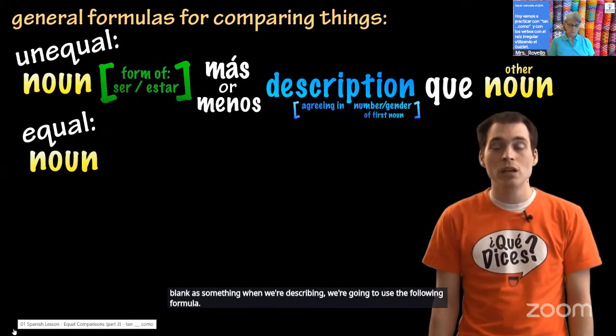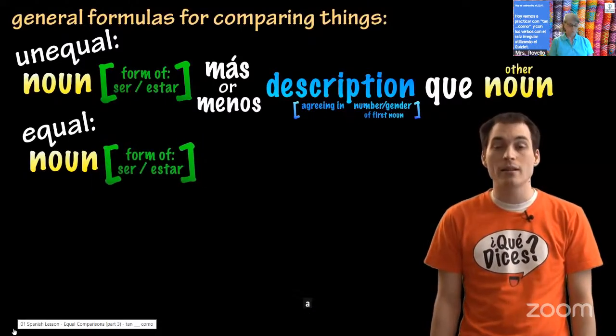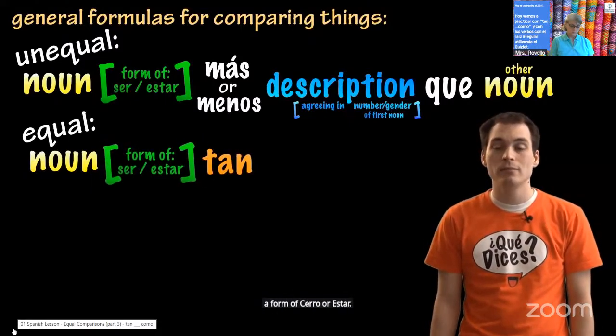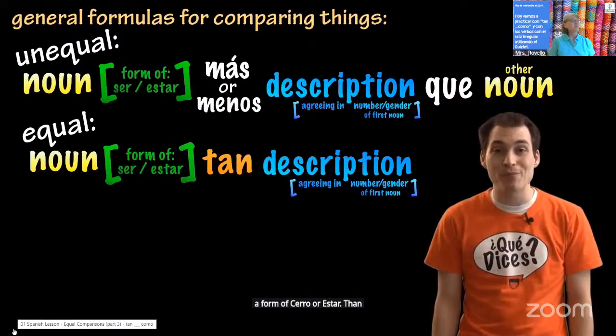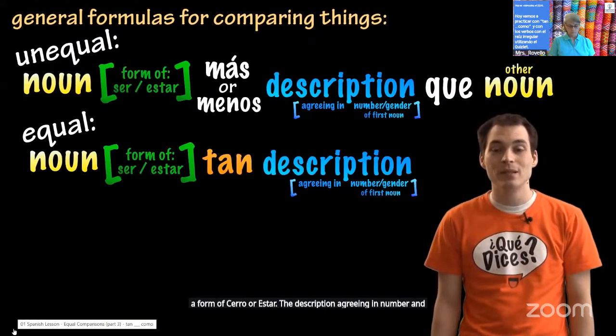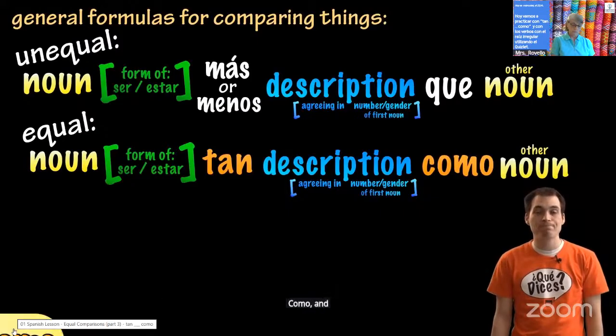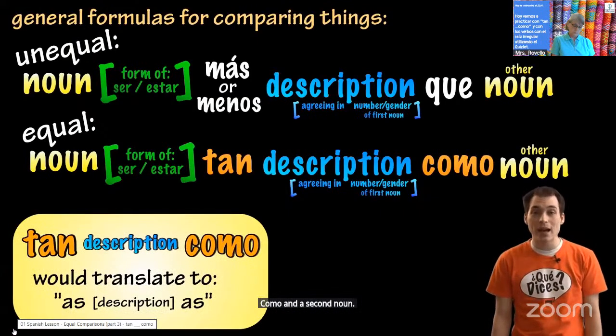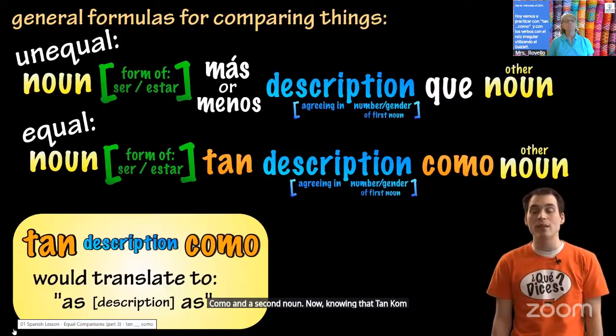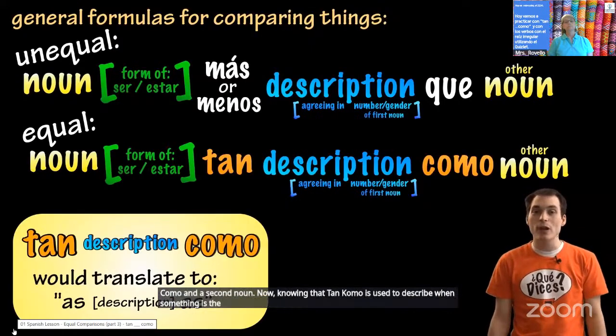Like a noun, a form of ser or estar, tan, the description agreeing in number and gender of the first noun, como, and a second noun.